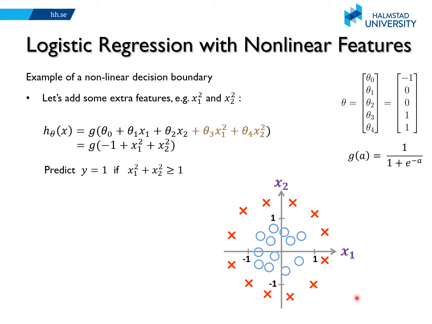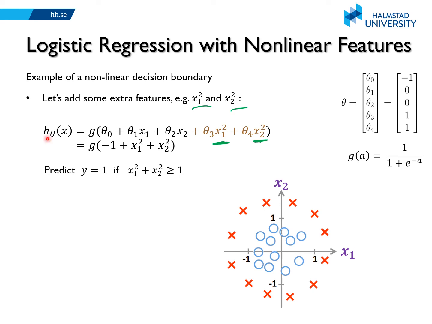Now let's take again this example where our data is described by two original features, x1 and x2. Since we want a nonlinear decision boundary, we added two extra features, x1 squared and x2 squared. These are two additional nonlinear features based on our original features.